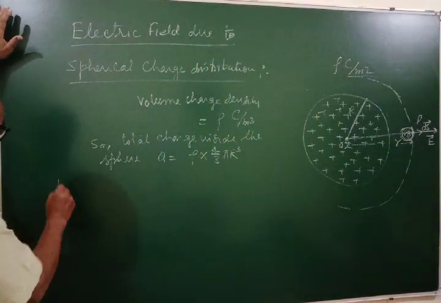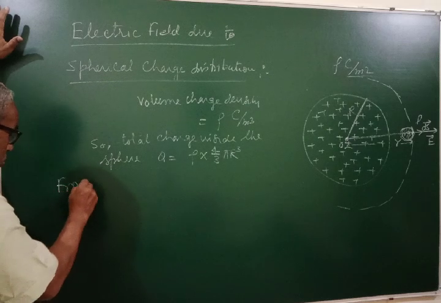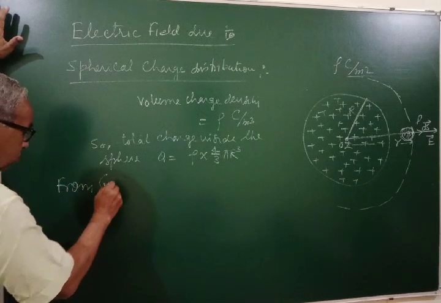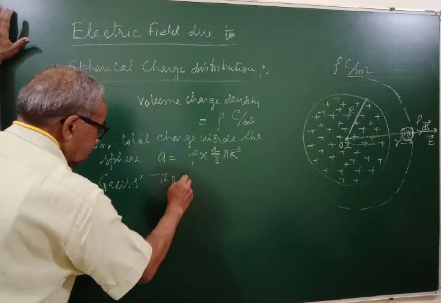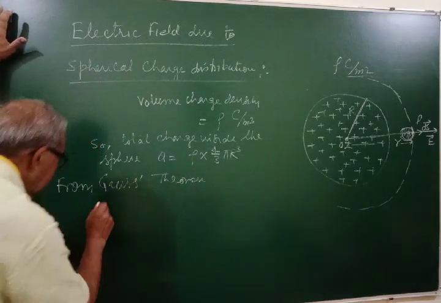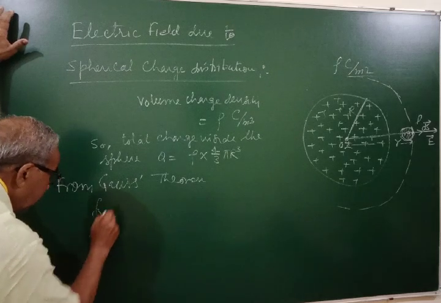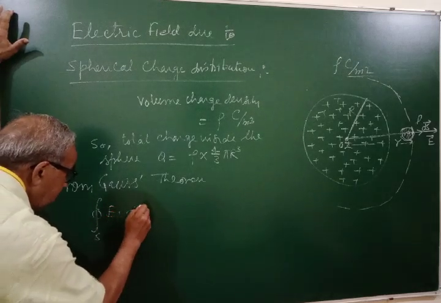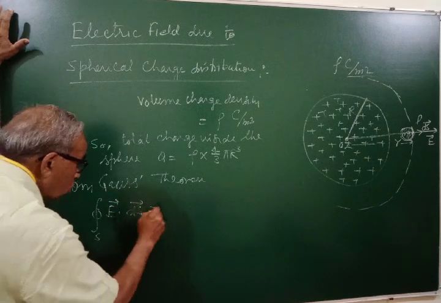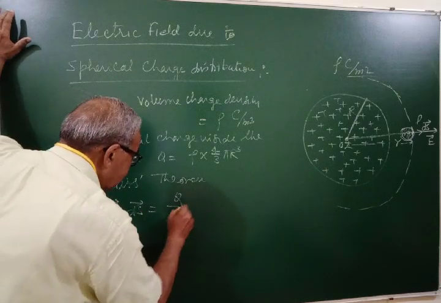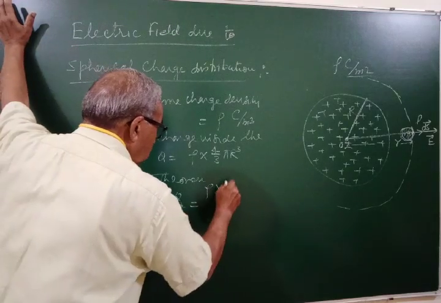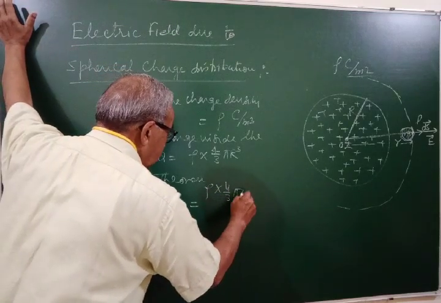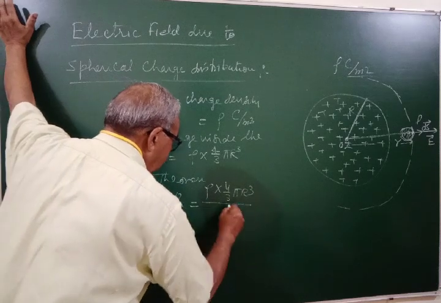From Gauss theorem, integration over the closed surface E dot ds is equal to total charge Q upon epsilon 0, which is equal to rho into 4 upon 3 pi R cube upon epsilon 0.